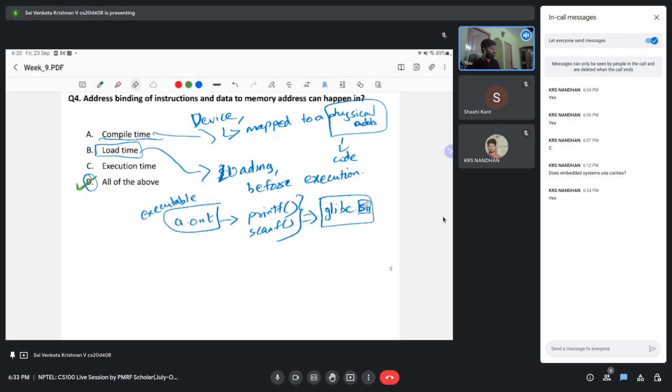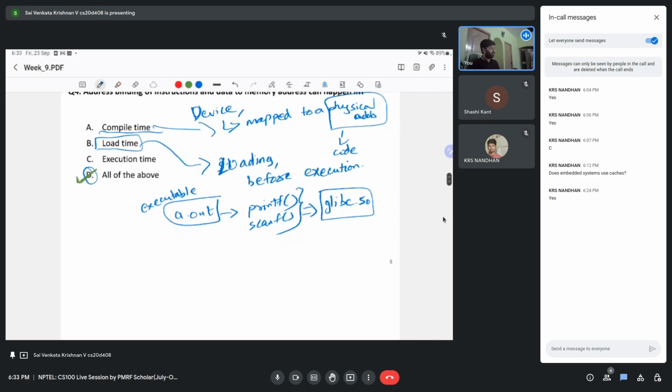Why shared? This glibc library, with printf, scanf, all these functions, would be used by almost all your programs. So instead of having multiple copies of glibc for each executable, and glibc itself would be so many MB, because it will have printf, scanf and lots of functions, and it will be huge in size.